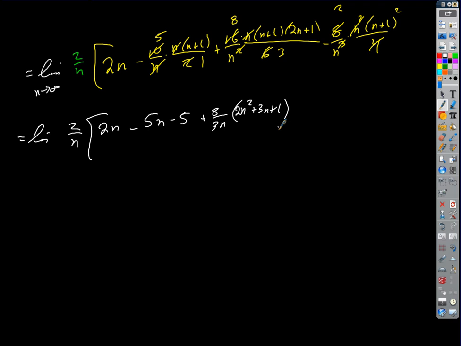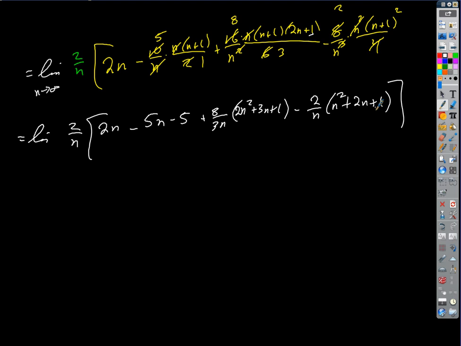And then over here we get minus 2 over n times just n squared plus 2n plus 1. Does that look right, everybody? So n plus 1 times 2n plus 1 expanded is right there, and there's n plus 1 squared.